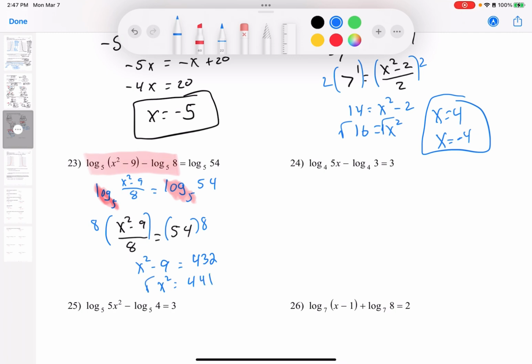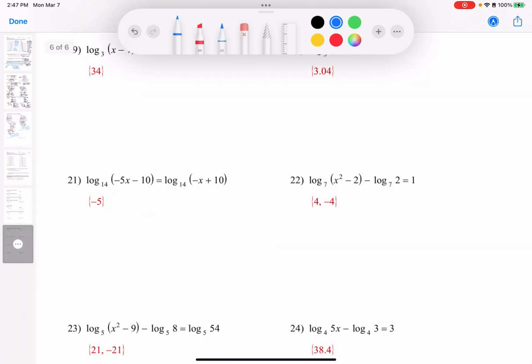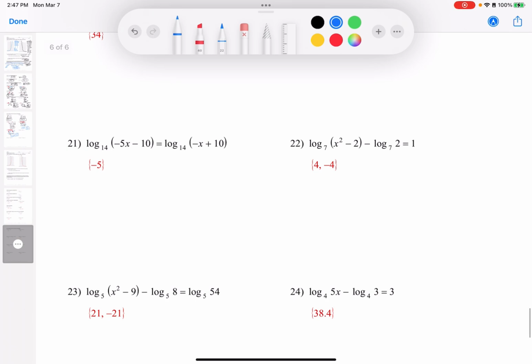Take the square root of that. Square root of 441, I believe, is 21. So x is equal to positive 21 or negative 21. Double check. Yay.